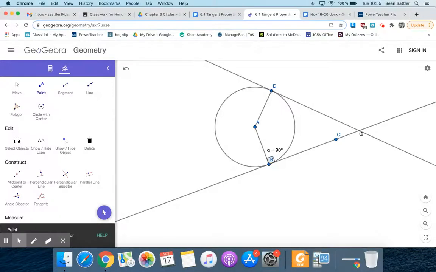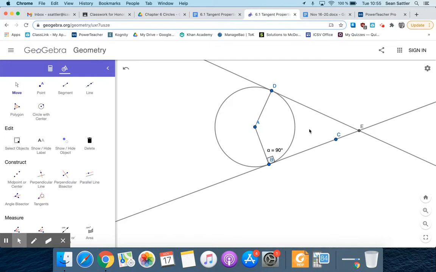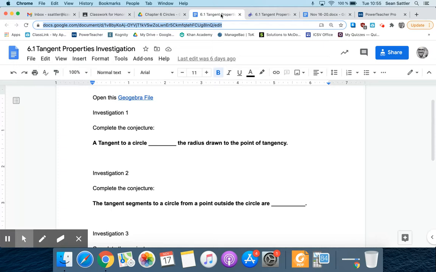If I make a point right there, what kind of a quadrilateral would this be? Well, if these are both 90 degrees, and these are both the radius, so they're both the same length, then this looks kind of like a kite, right? Let's go back to the Google Doc.